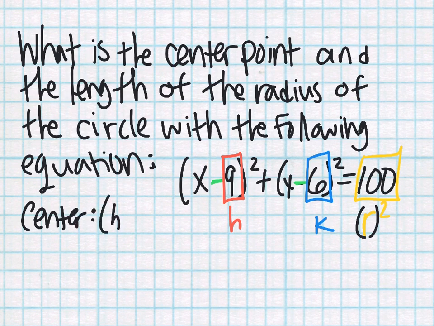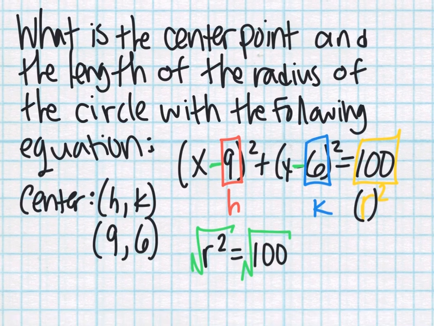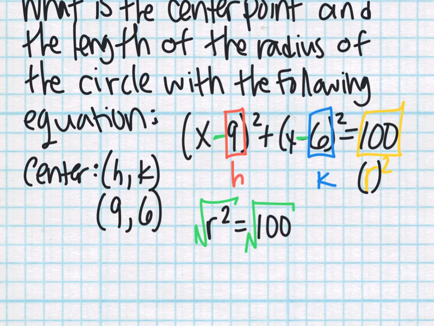My center is (h, k). So my center is (9, 6). So now my radius, I know r squared is equal to 100, but my radius is going to be the square root of this. So if I take the square root to get r by itself, r equals 10.